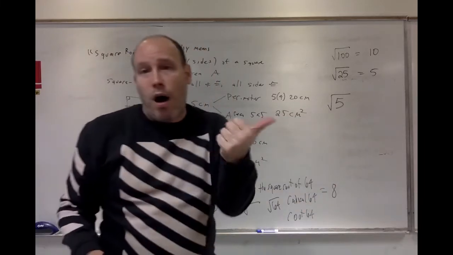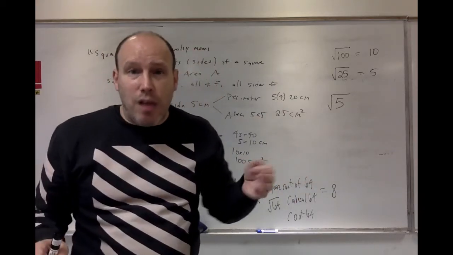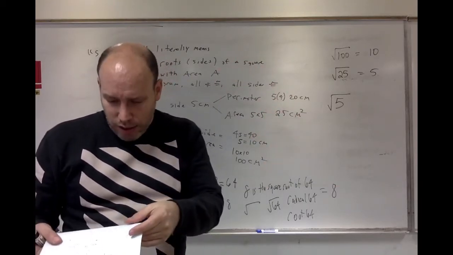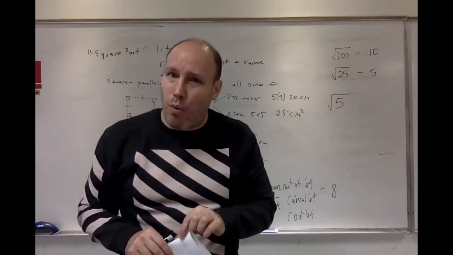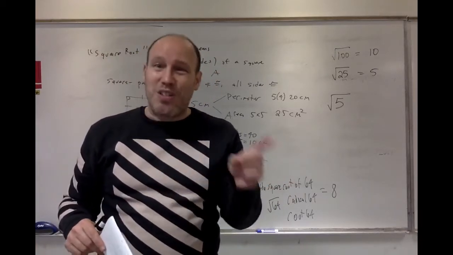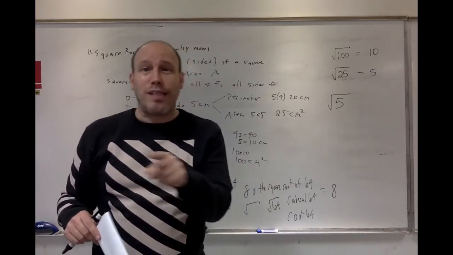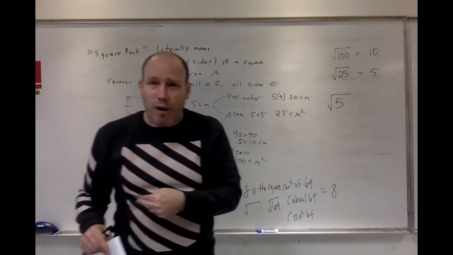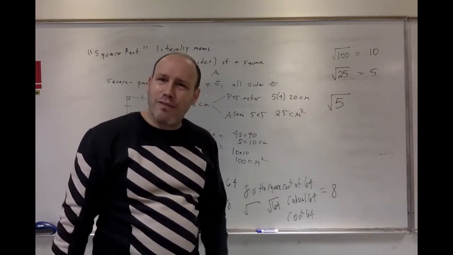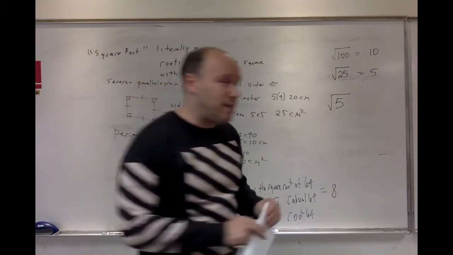That means there's a square with an area of 5, and the side times the side equals 5. Well, that's kind of weird because we don't know that number. We know the perfect squares. We know 1 times 1 is 1, 2 times 2 is 4, 3 times 3 is 9, 4 times 4 is 16, and so on. You should know all of them. But something times something equals 5? That's weird. My first question to you is, does this exist?